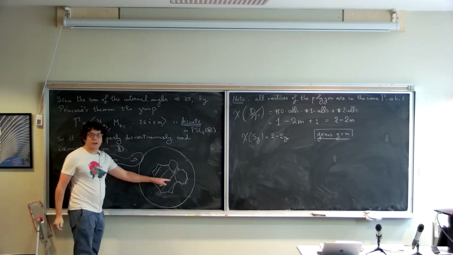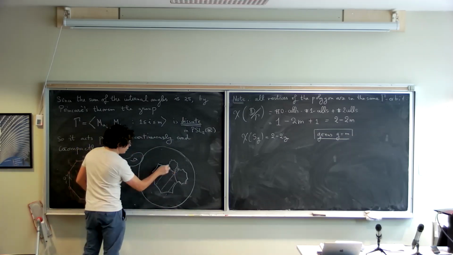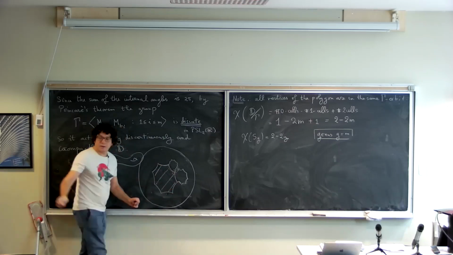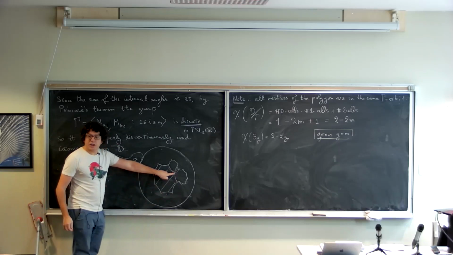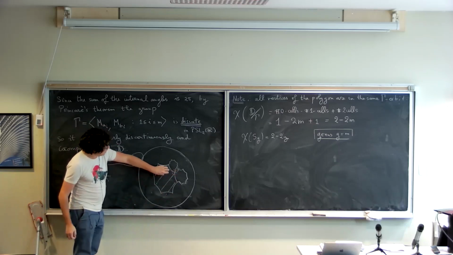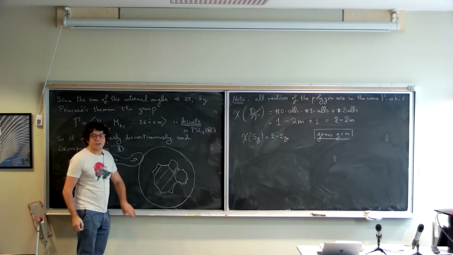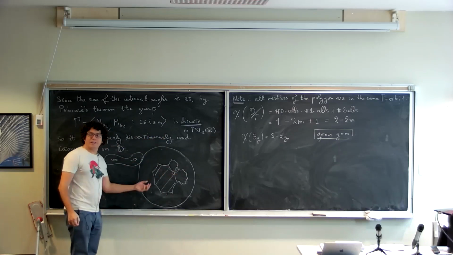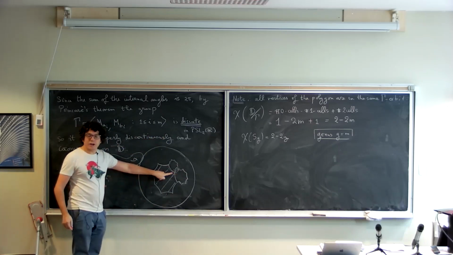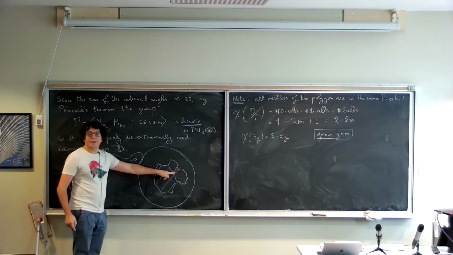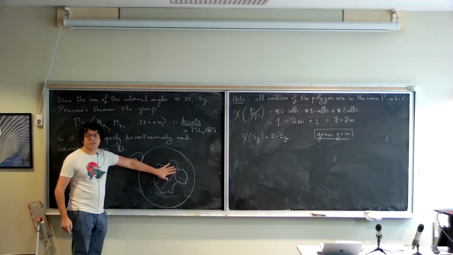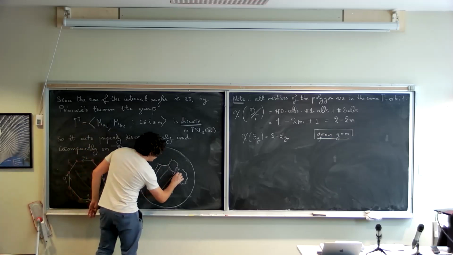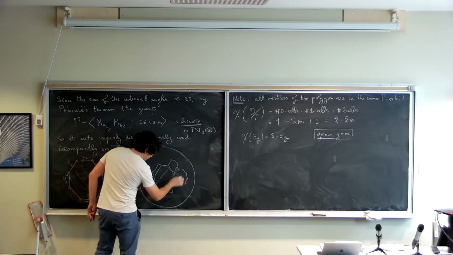The total angle here: it turns out that since all the vertices are in the same class, at each vertex, if you go around, you see these octagons, and you see precisely 8 of them. And that's why we had to pick 2 pi over 8. Each angle is 2 pi over 8, so when we have 8 of them, we get angle 2 pi. So that's why we have a nice smooth manifold.